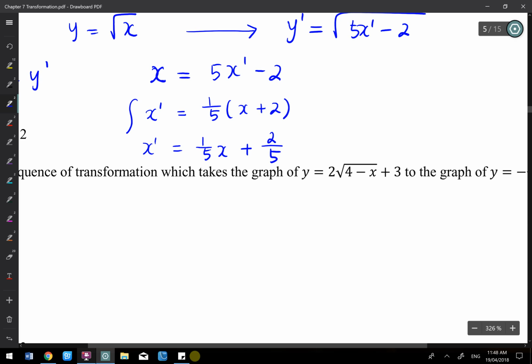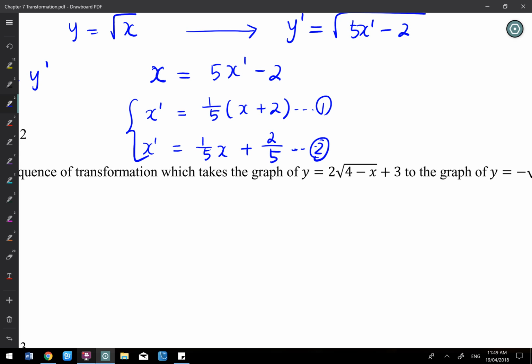What's the difference between those two? Let's say that's number 1, that's number 2. Do you remember the order we should describe transformation? DRT order: dilation, reflection, and translation. And the calculation order will be the same as your transformation order.